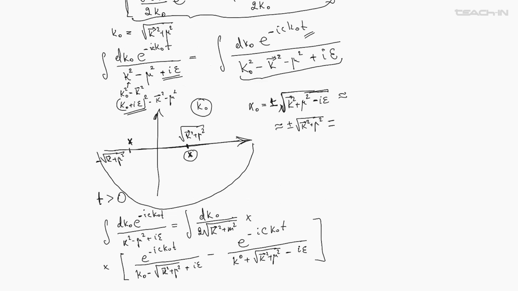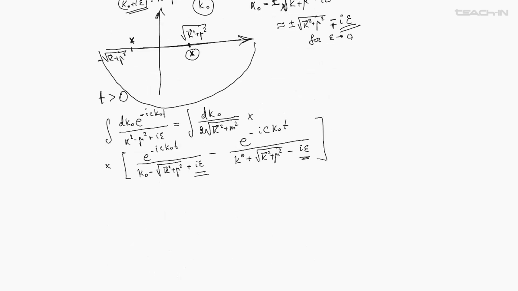For epsilon tending to 0, this is the leading term in the expansion. And then this plus minus epsilon, which appears in the representation of this expression, where poles.